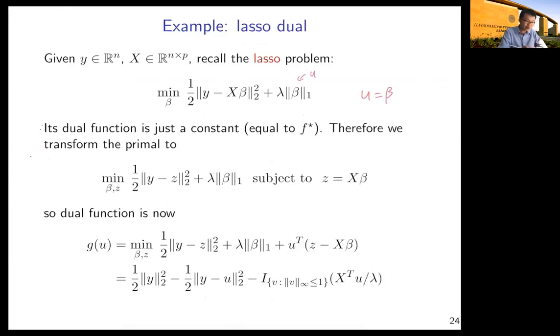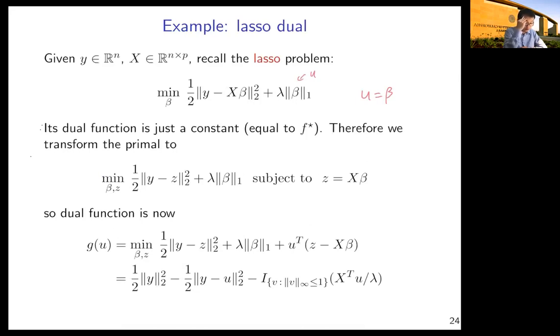Now let's do it in a slightly different way, so that we can make some sense out of the dual formulation of Lasso. There are different ways of applying the reformulation to get the dual of a non-smooth optimization problem.